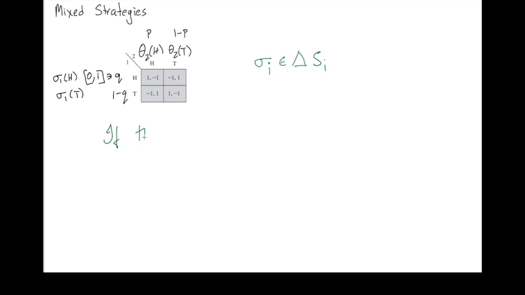If there is some strategy in the set Si such that sigma i of little si equals 1, in other words, if this strategy, sigma i, is such that the probability of lowercase si being played is 1, or lowercase si is going to be played for sure, then sigma i is what we call a pure strategy.